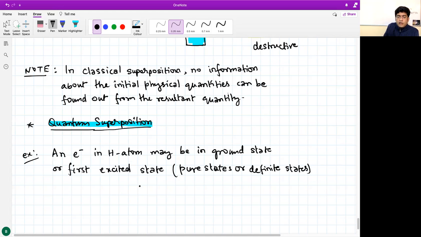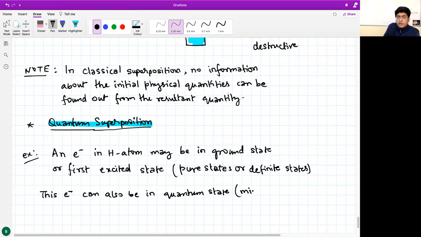All right, but the electron can also be in a quantum state, which is called a mixed state.